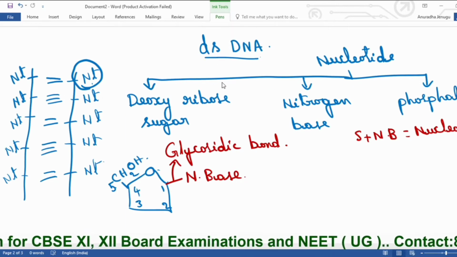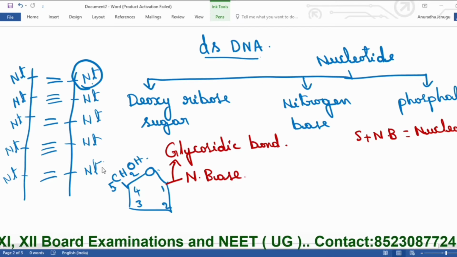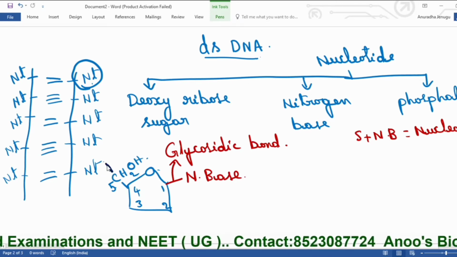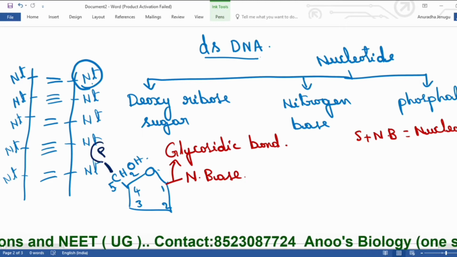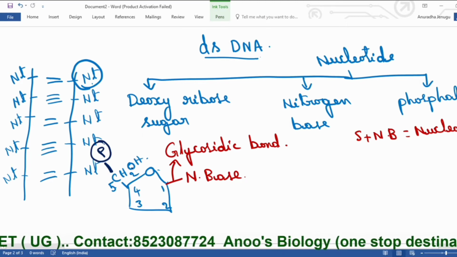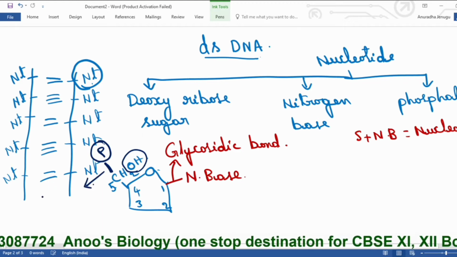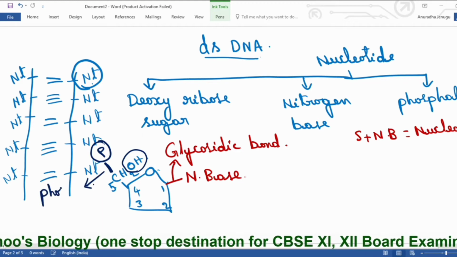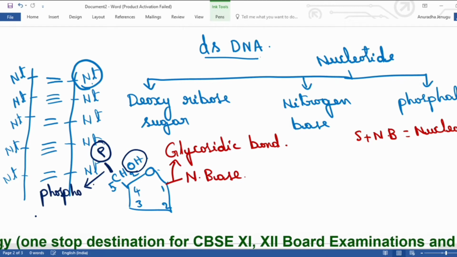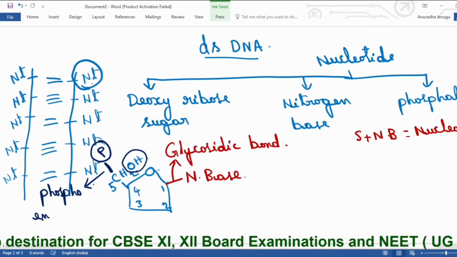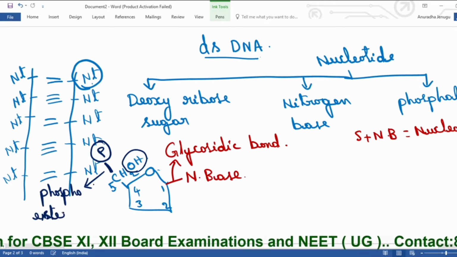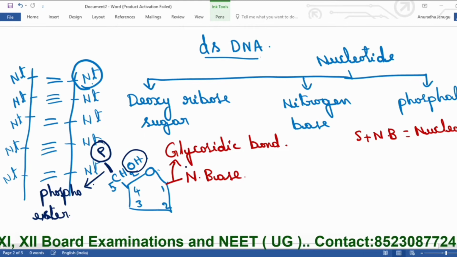Now phosphate joins with the sugar to form a nucleotide. Phosphate joins with the sugar at its fifth carbon atom by the removal of this hydroxyl group. So the bond formed here is called a phosphoester bond. So the nitrogen base joins with the sugar at its first carbon atom by the formation of a glycosidic bond.